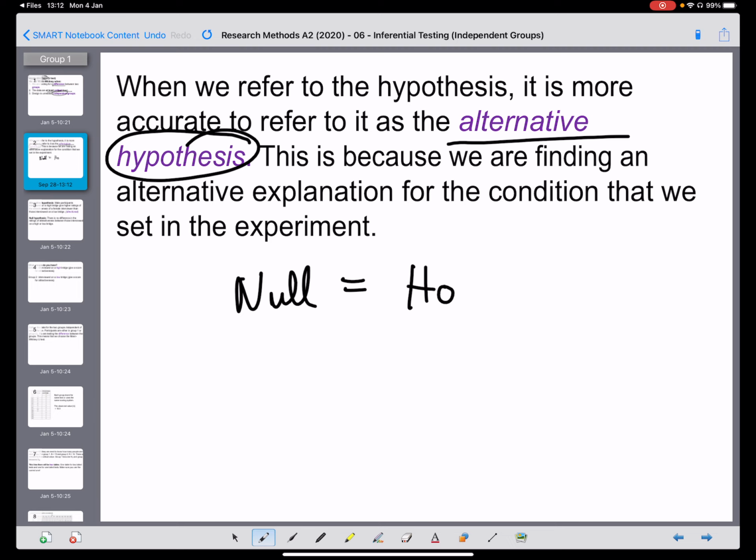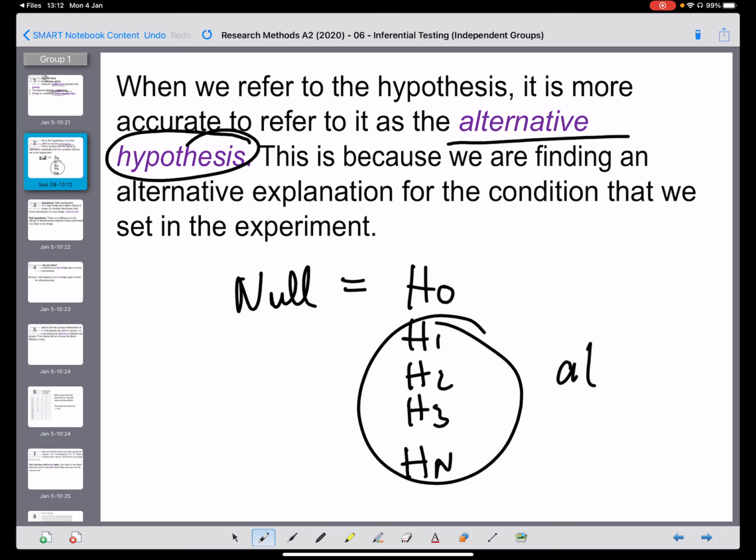So therefore, we can expect that each time, and this is linking back to the features of science, each time we test your hypothesis or have a testable hypothesis, we can have H1, H2, H3, and we can continue until we have Hn, okay? So ultimately, each time we come up with a hypothesis, we're looking for an alternate explanation. So that's why we call it alternative hypothesis.